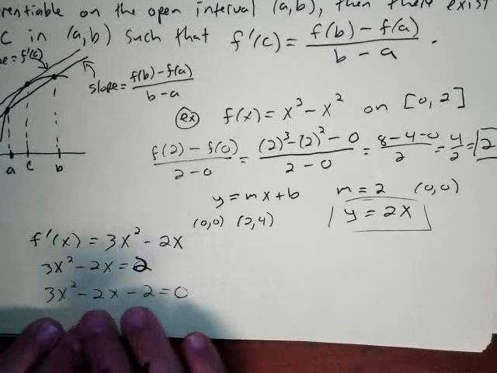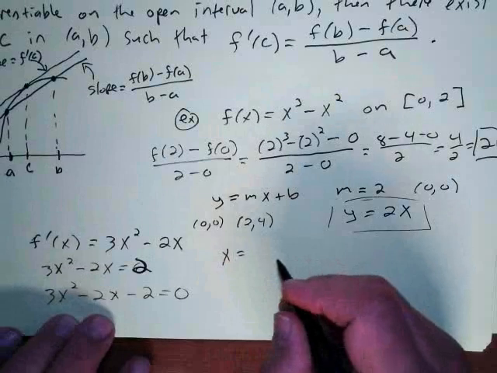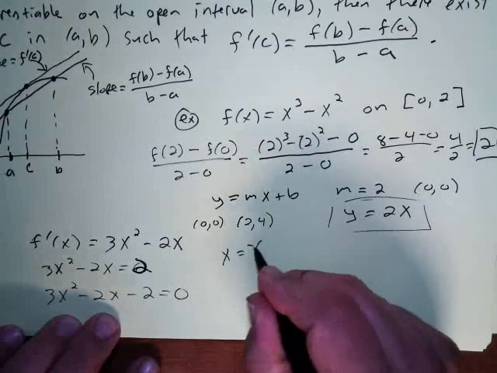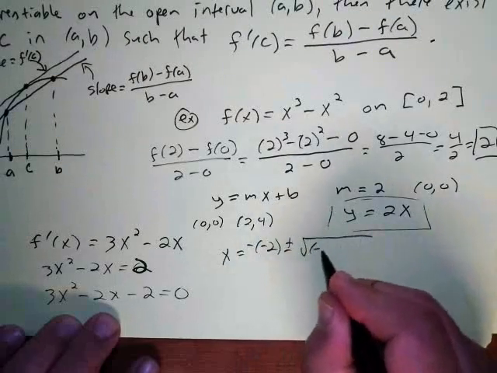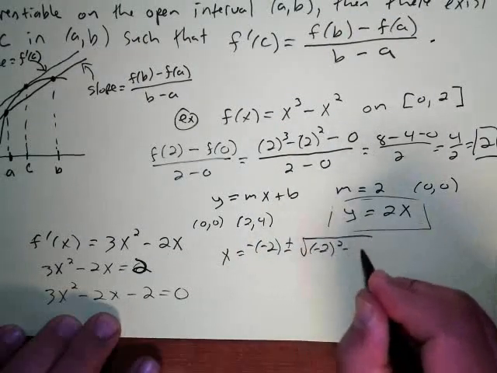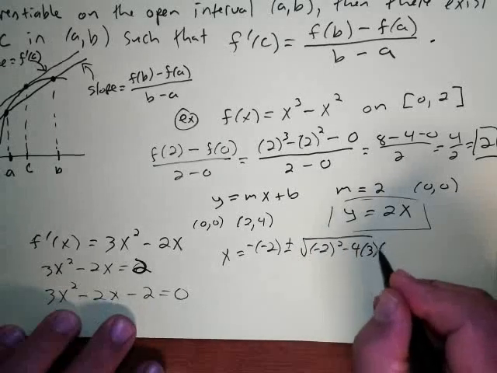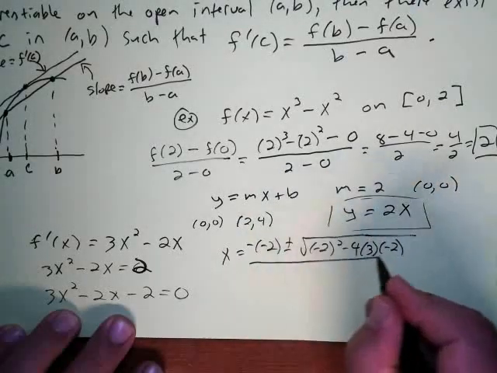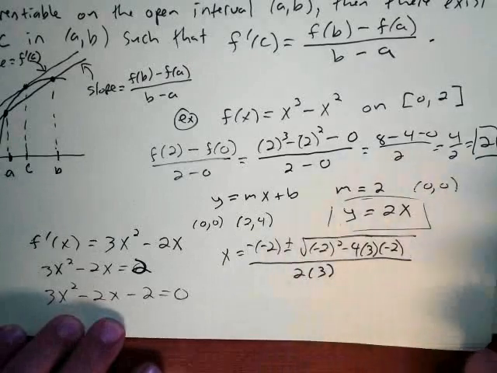For this one, I don't see how to factor it, so I'm going to use the quadratic formula. x is equal to the opposite of b, so the opposite of negative 2, plus or minus the square root of b squared, negative 2 squared, minus 4 times a, which is 3, times c, which is negative 2, all over 2a, and again, a is 3.